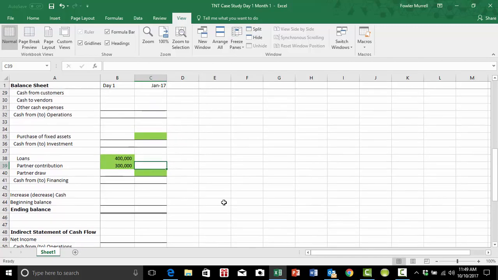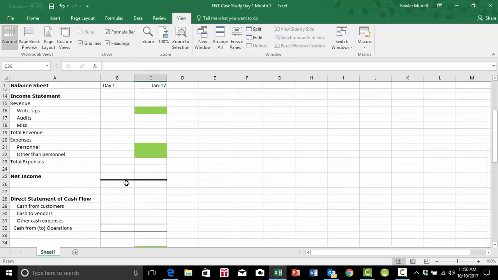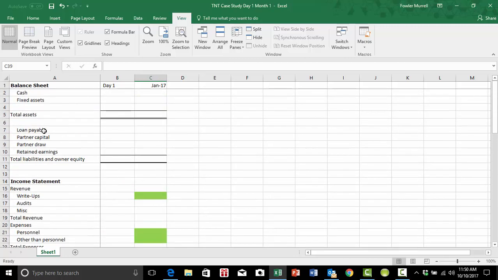Okay. The other side of those entries, remember we're doing accounting, so there's always the other side of an entry. There are debits and credits. This is a cash flow statement, so these are debits to cash, and the credit side is on the balance sheet. So the entry for this loan is debit cash, credit loan payable.